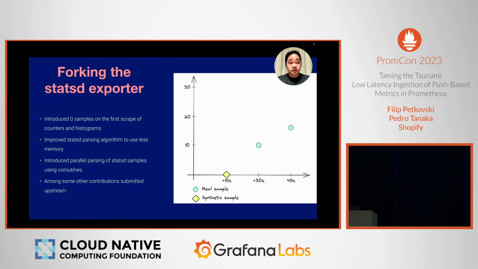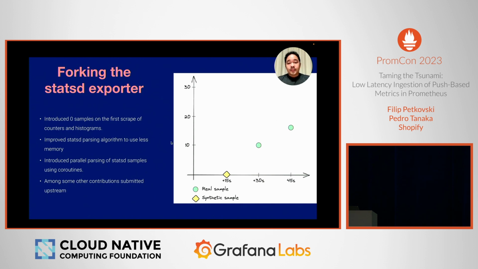To solve some of those problems, we decided to fork the StatsD exporter. First, we introduced the 0 samples on the first scrape of counters and histograms, which looked like this. You had a counter at some point in time. You would include a synthetic sample on the first scrapes of the counter to make Prometheus calculate the rates correctly.